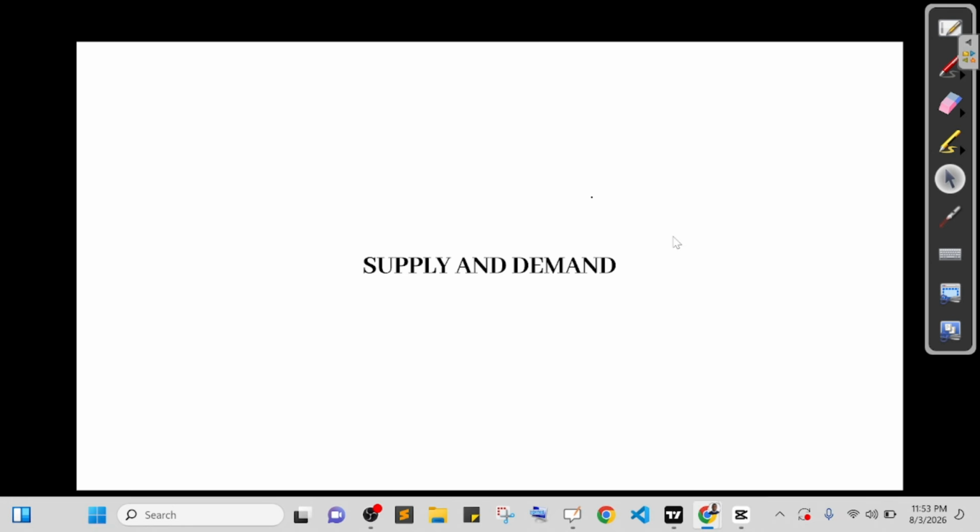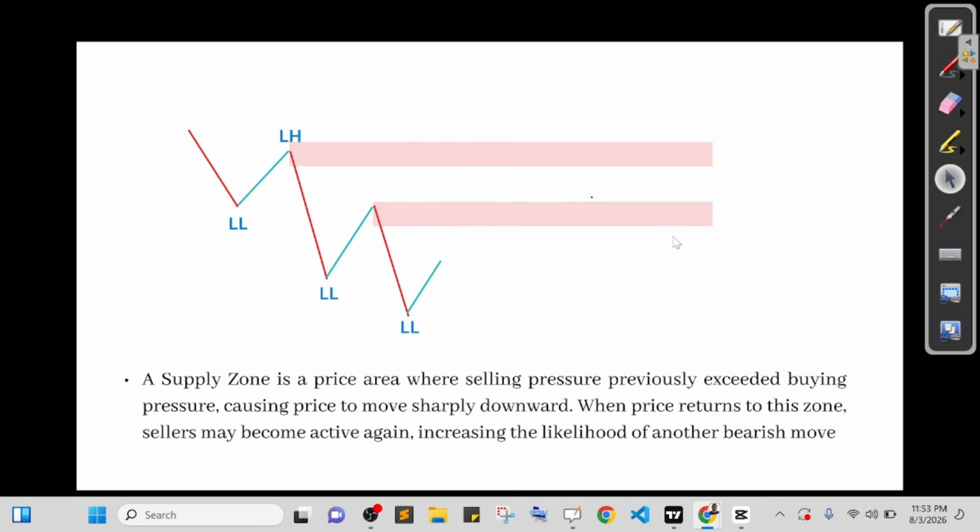Now, supply and demand. We are progressing. What is supply? Supply zone is the price area where selling pressure previously exceeded buying pressure, causing price to move sharply downward. When price returns to this zone, sellers may become active again, increasing the likelihood of another bearish move.